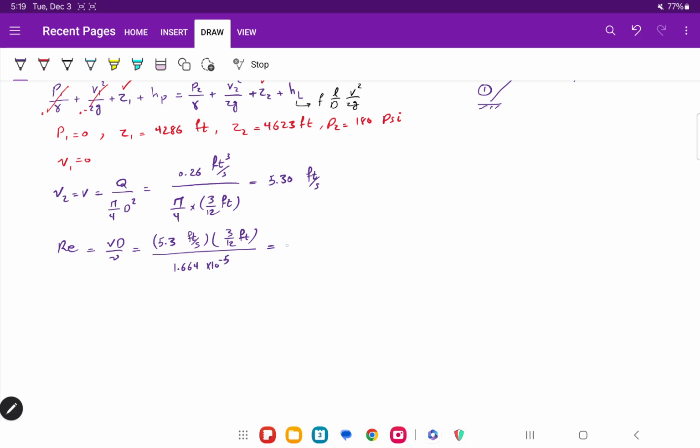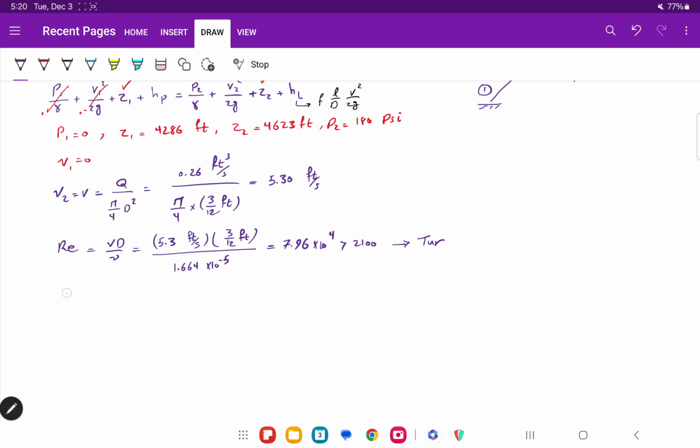So the Reynolds number equals 7.96 times 10 to power 4. Don't worry about kinematic viscosity, density, or dynamic viscosity. They should be given to you at the exam. It's greater than critical Reynolds number, so we have turbulent flow.